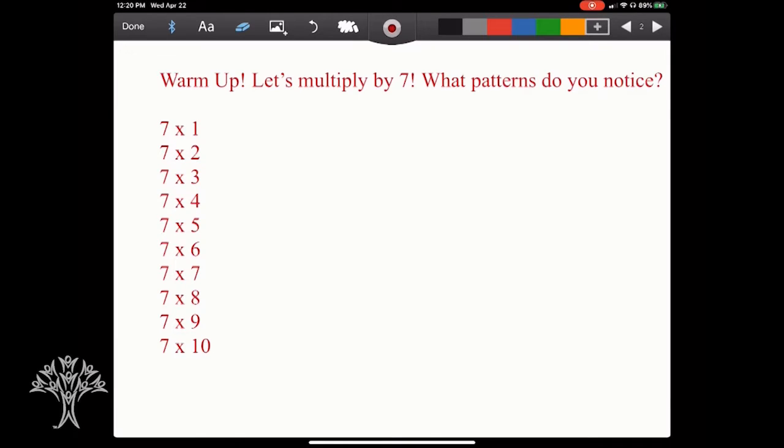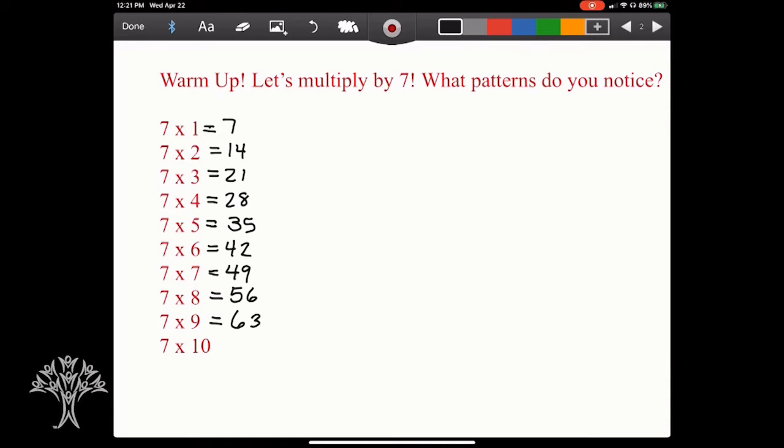All right, so let's check our thinking and let's see what we got for these. So we got 7, 14, 21, 28, 35, 42, 49, 56, 63, and 70.